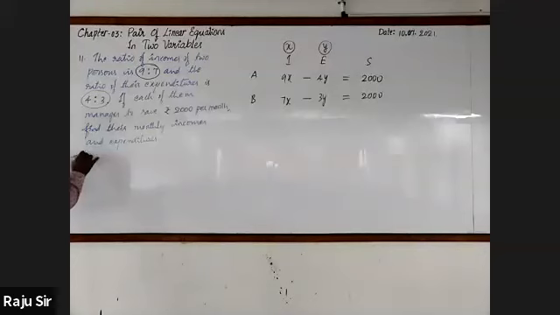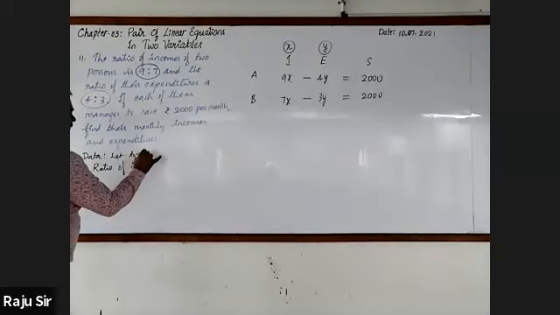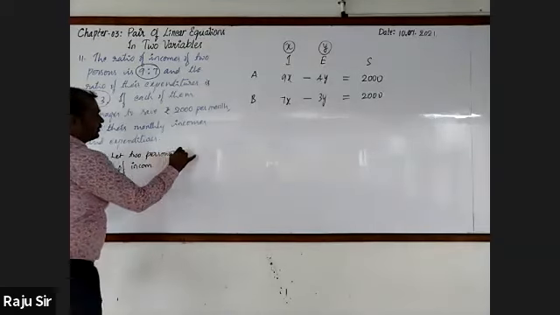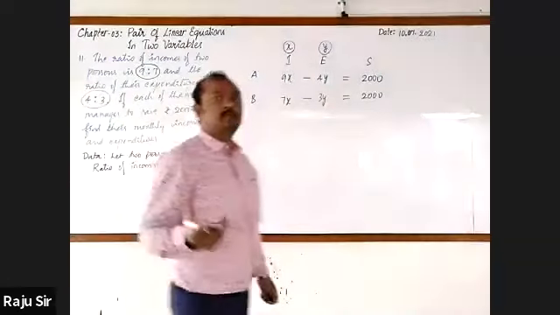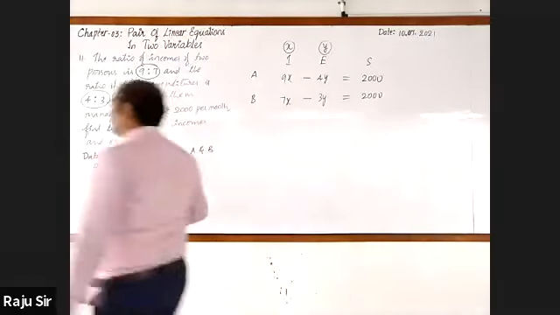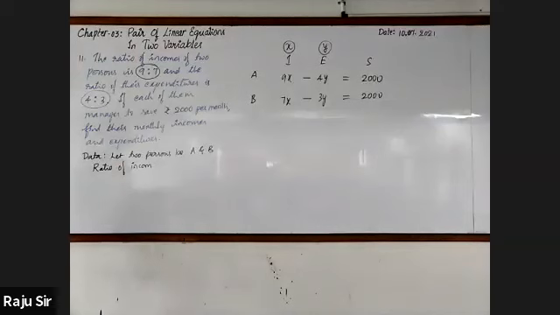Now let's go for solving this. Write the data. The ratio of incomes has been given. Let the two persons be A and B for our reference only, or you may take first person, second person, or P and Q. Here I've taken A and B as the two persons.